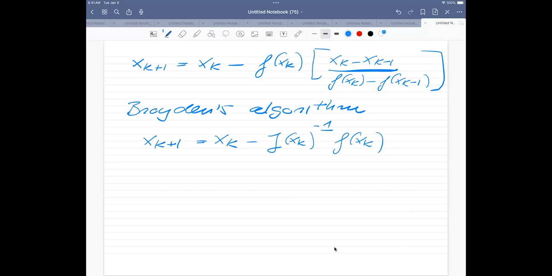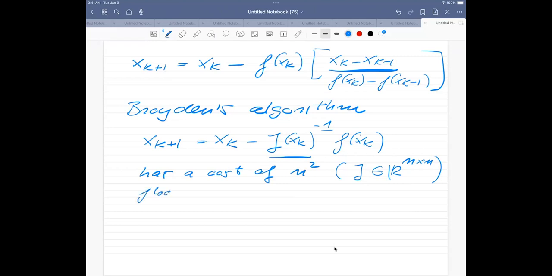But as I said, computing the Jacobian has a cost. If you think of this one, which is now a matrix, so this has a cost of, if you now assume that the Jacobian itself is a real matrix and a square matrix of dimensionality n times n, that has a cost because you need to calculate the derivatives of n squared floating point operations. That is to set it up.